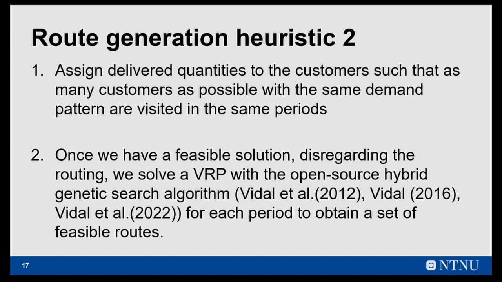And then the second heuristic for generating some initial routes is that we assign delivered quantities to the customers such that as many customers as possible with the same demand pattern are visited in the same periods. And here by demand pattern, we mean customers that will run out of inventory in the same period if you do nothing, roughly speaking.